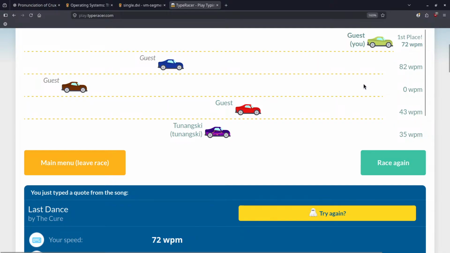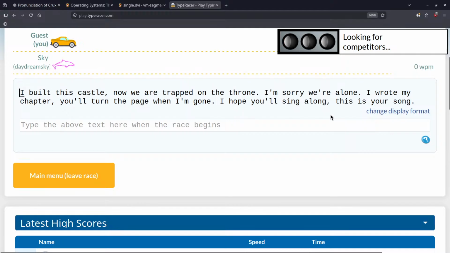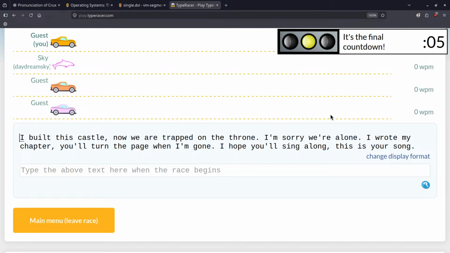Okay, 72 words per minute, which is good. Just one month ago, I was doing like average 60, sometimes even 50.